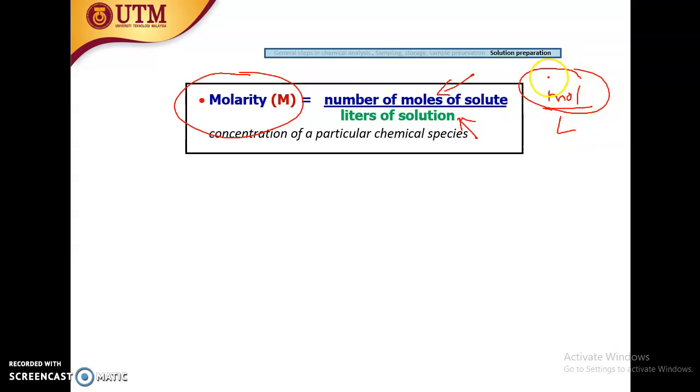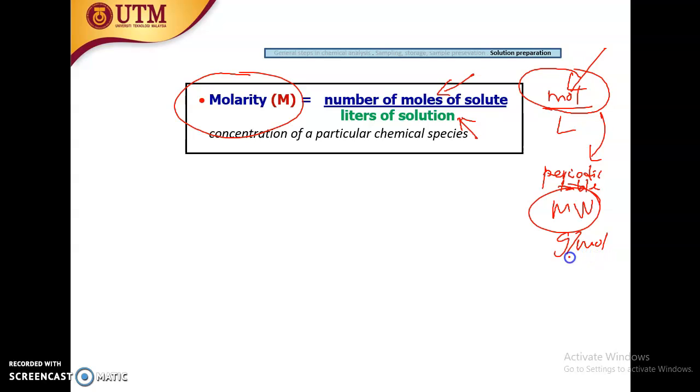How we can get mole? Okay, I hope chemistry background students or forensic science background students will understand how to do this. If you don't know how to get number of mole, it's easy. You just go to periodic table and take the molecular weight. So you can get the mole from the molecular weight, then directly get moles.